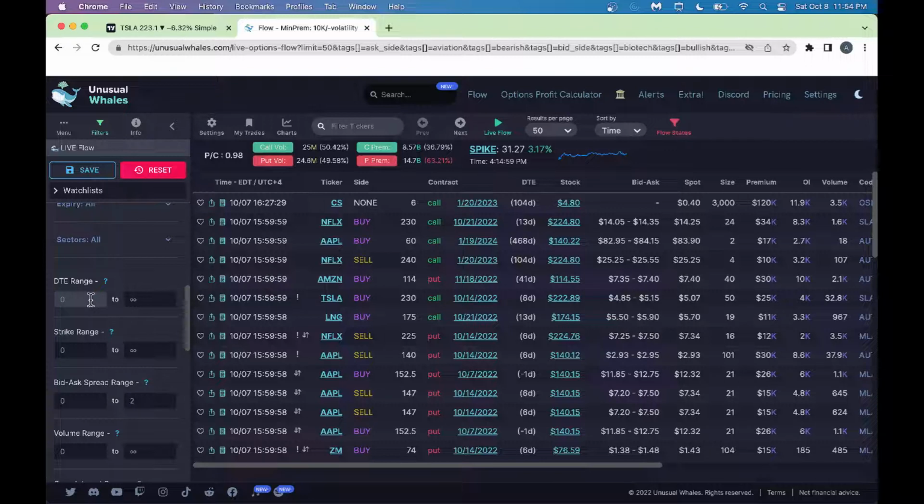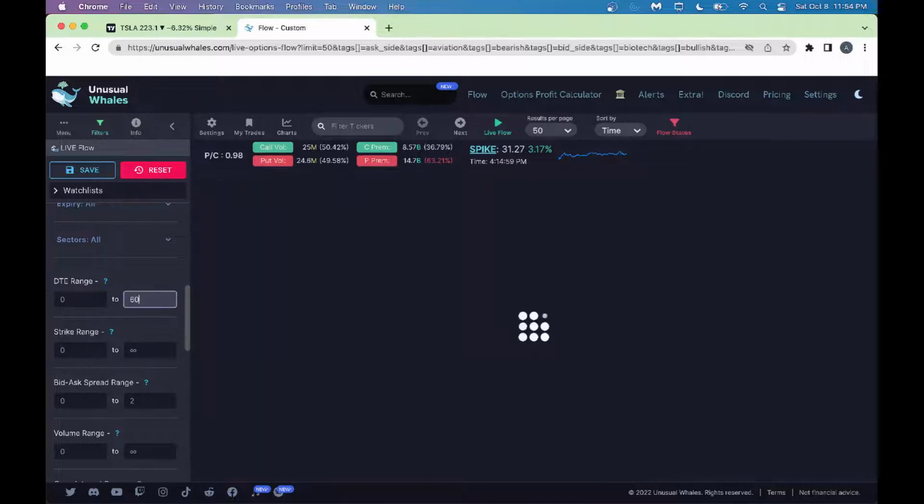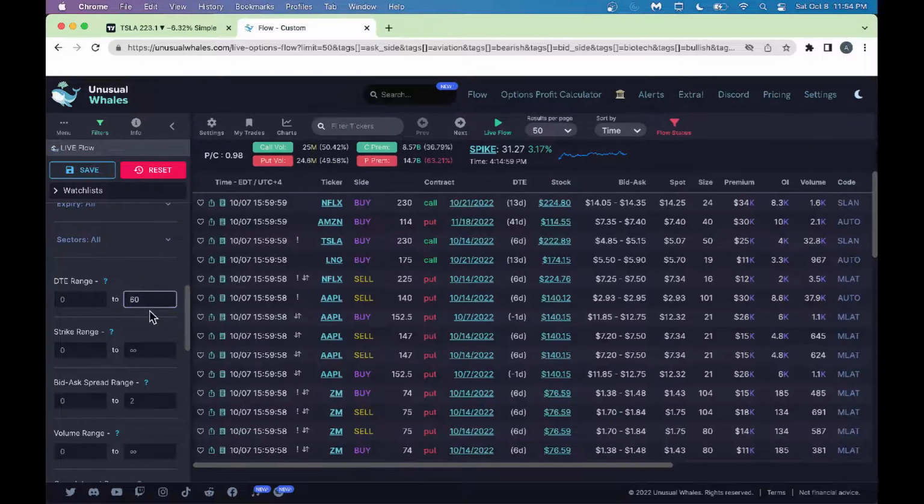Many times folks want to see how the stocks might do next week or next month. Typically, depending on your trading horizon, I would say maybe 50 days is a good time frame here. Don't go beyond unless you are a long-term trader. I would say 50 to 60 days is good enough, and you can start with that.